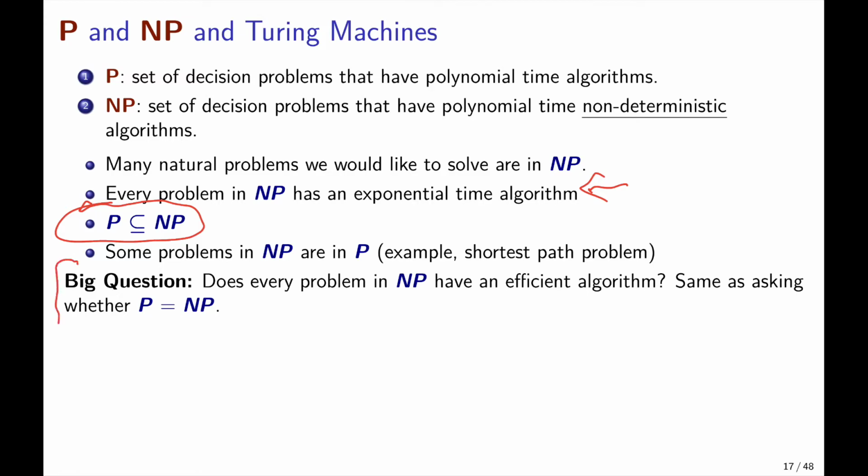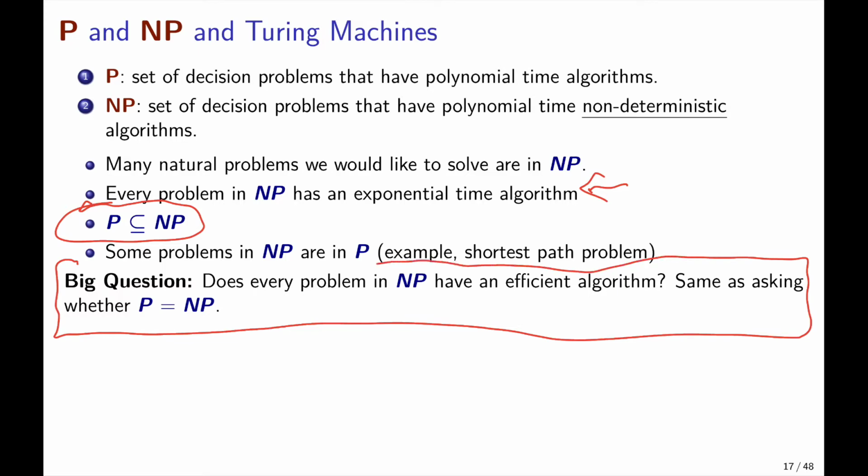And the biggest question that theoretical computer science, and to a larger extent all of computer science, has faced, beginning in the 70s, so at least 45 to 50 years, is whether P is equal to NP. Namely, we have this large family of problems that are in NP, and we don't know if they're in P. We don't have an efficient algorithm for them.